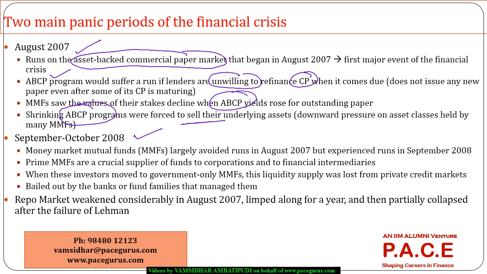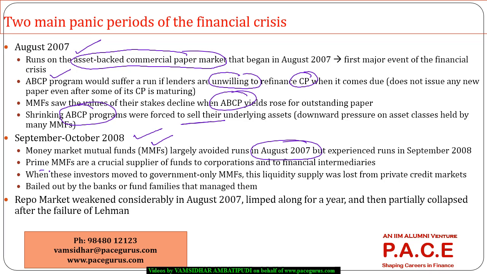But the second, or the most heavy damage, occurred during September-October 2008, because to a large extent, money market mutual funds, which were expected to hit a big disaster in August 2007 itself, avoided large runs, but they could not avoid the situation in September 2008.